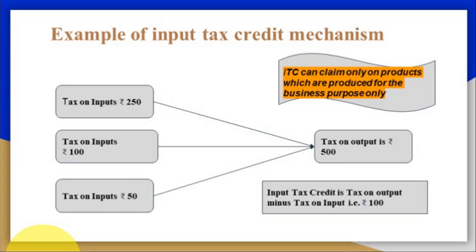Then deduct the tax paid on inputs, that is 250 rupees minus 100 rupees and also minus 50 rupees. In total it comes to 400 rupees. The remaining balance is the input tax credit.